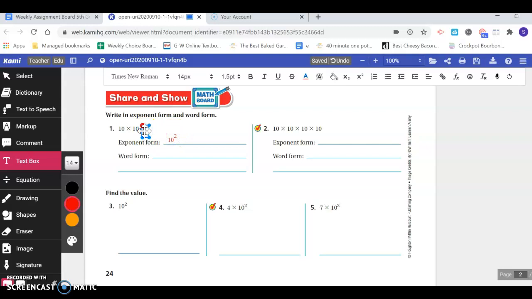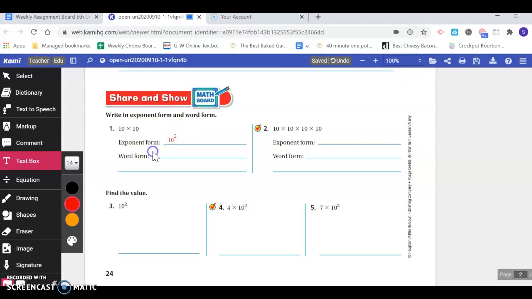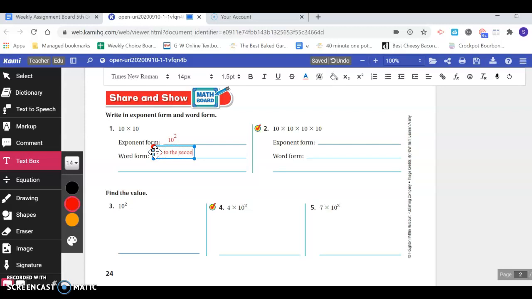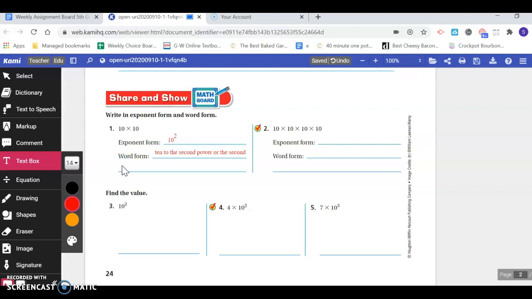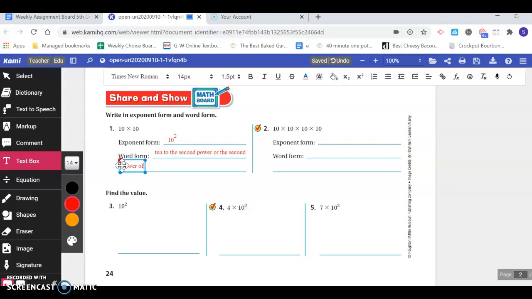It should look kind of like that when you're finished. That's 10 to the second power. Or you could also write the second power, power of 10.